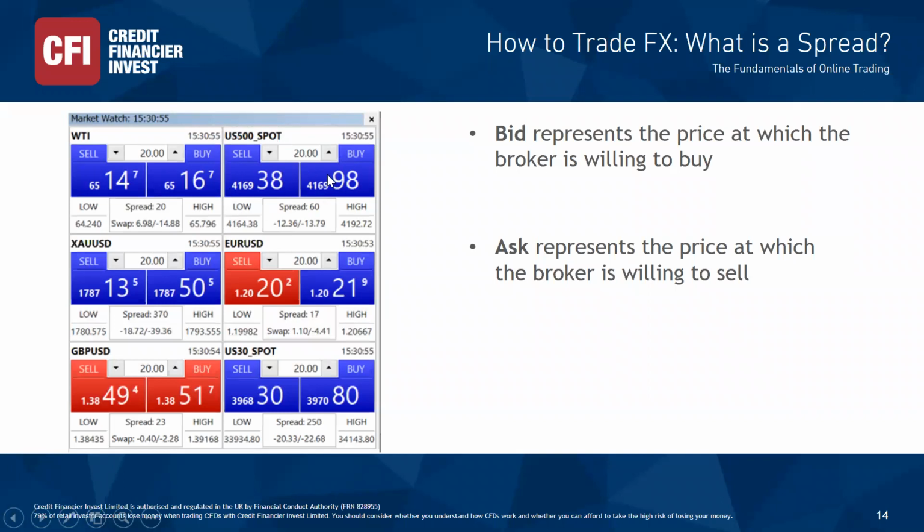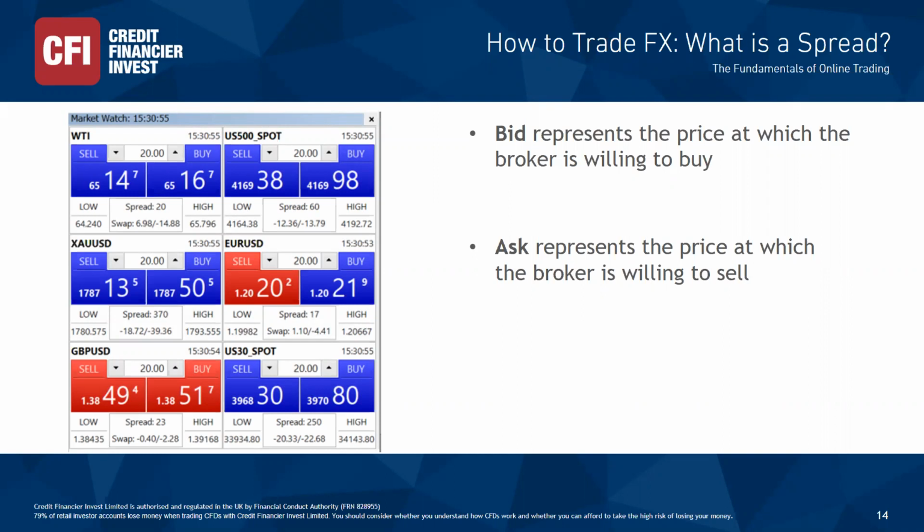You can see here, also in the platform, it will tell you what the spread is. In this case, we go with, for example, the euro versus US dollar, just to keep with the same example. The spread is basically 17, but just bear in mind it's not 17 pips, okay? In the case of MetaTrader, the platform that we use here at CFI, the spread is based in points.